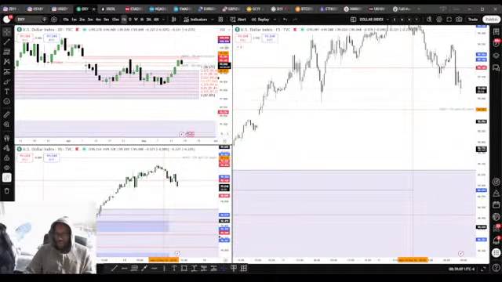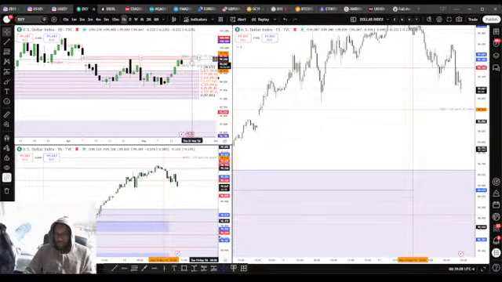Dollar's looking to roll over after taking those highs.